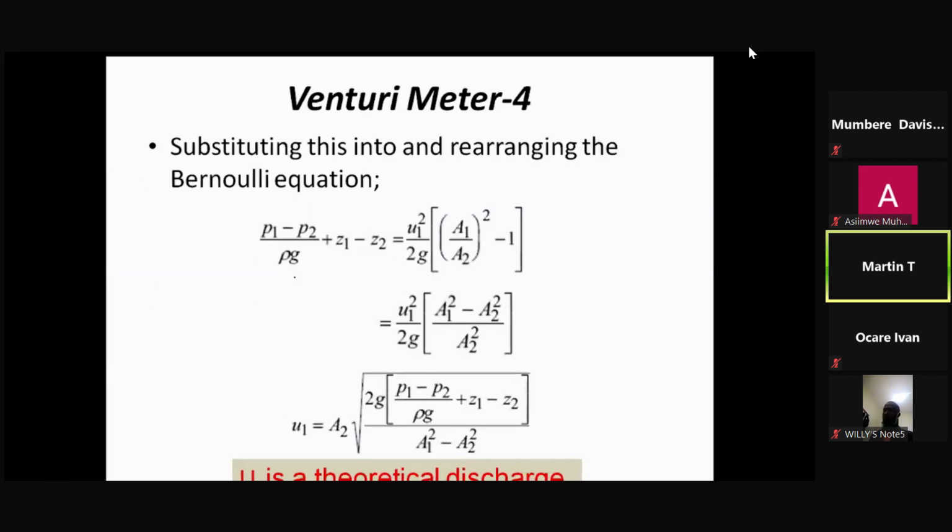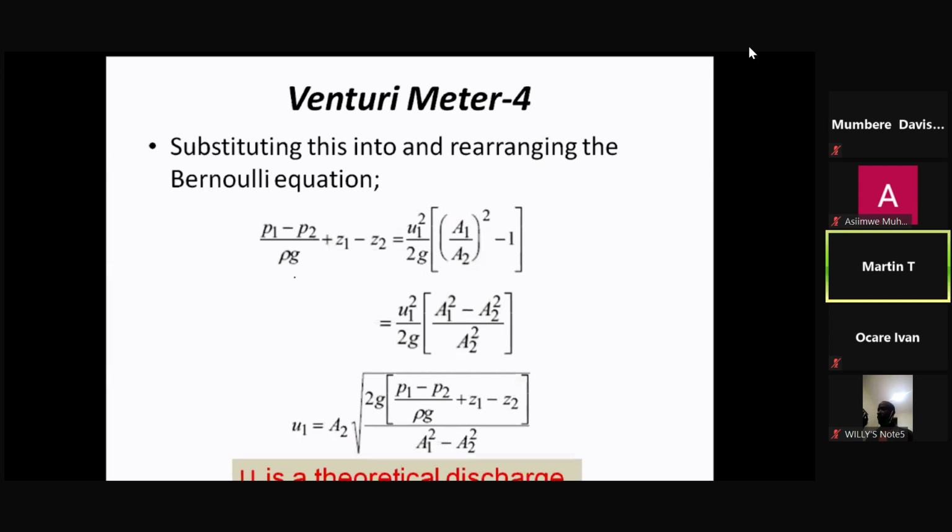So when you substitute for U2, it comes to that. We have U1 is equal to A2 into the square root of 2g into (P1 minus P2 over rho g plus Z1 minus Z2), all over A1 squared minus A2 squared.